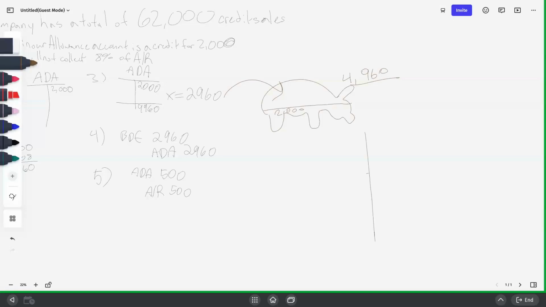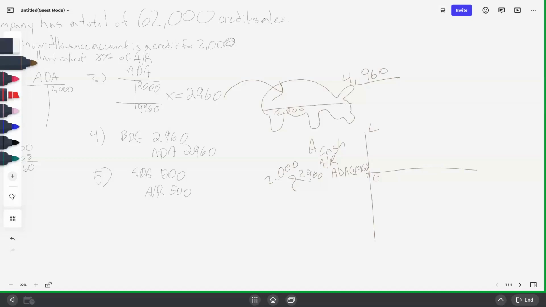So in the end, when we see our balance sheet, we have our cash, our accounts receivable, and our ADA. Before it had only 2,000, but now it has 4,960. So we had to find that middleman of 2,960 to get to that.